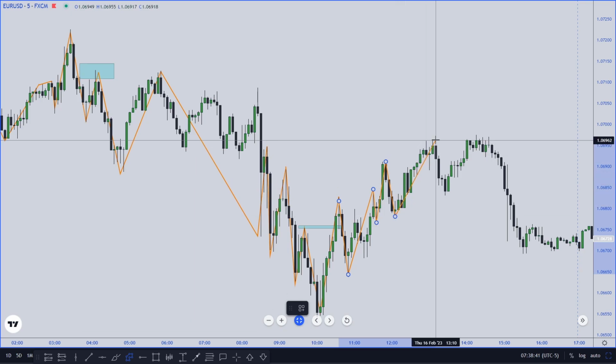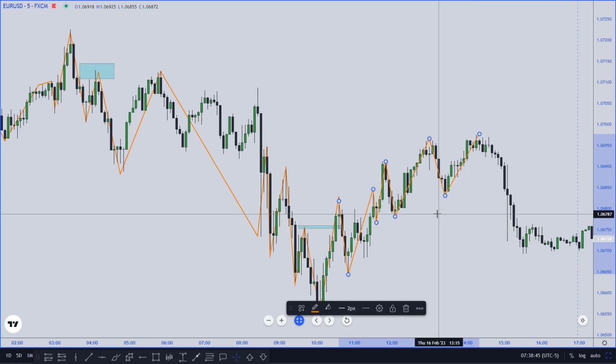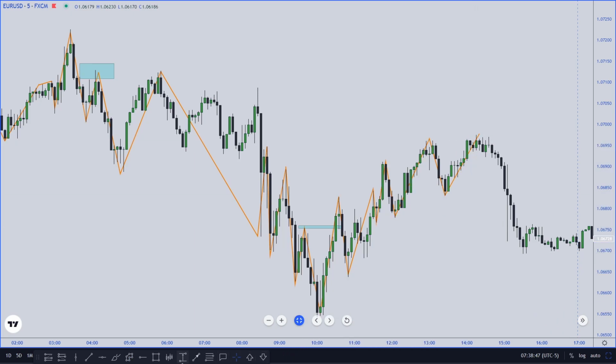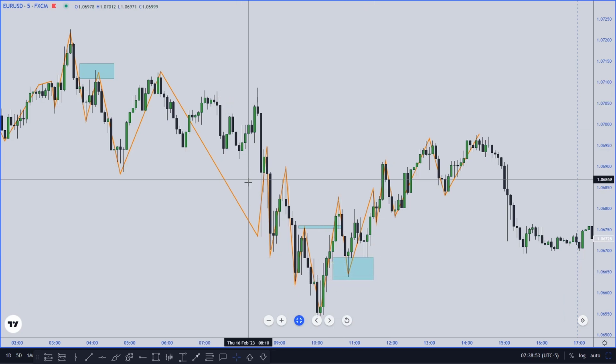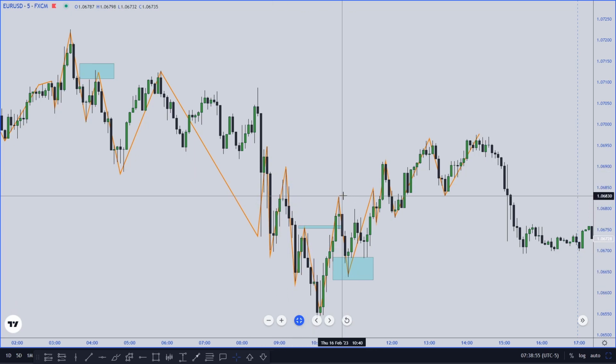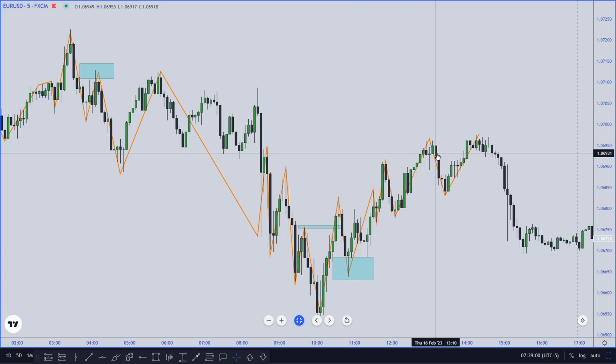And price moves up to this higher high, higher low, higher high, and so on.